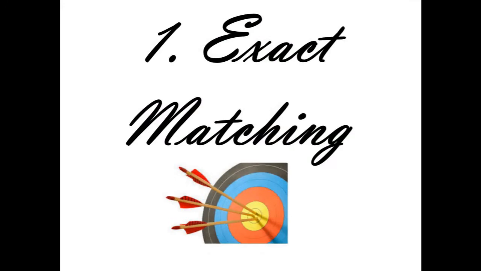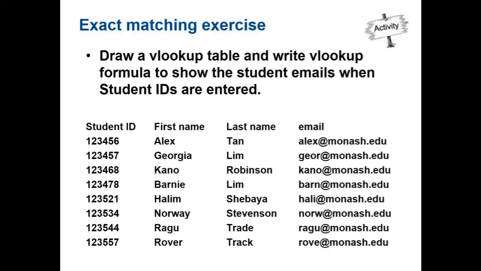Let's do exact matching first. We're going to do an exercise and illustrate the exact matching using this exercise. We have this case. We need to draw a Vlookup table and write a Vlookup formula to show the student emails when student IDs are entered.